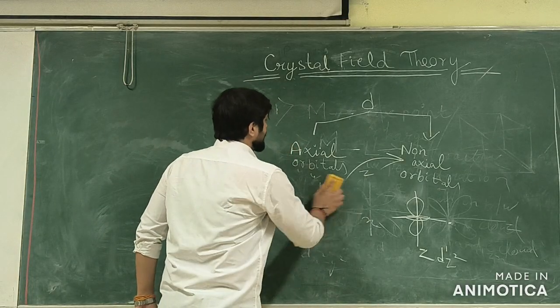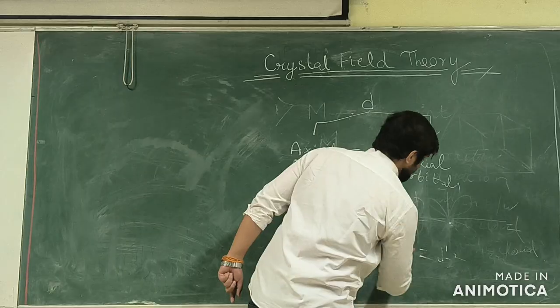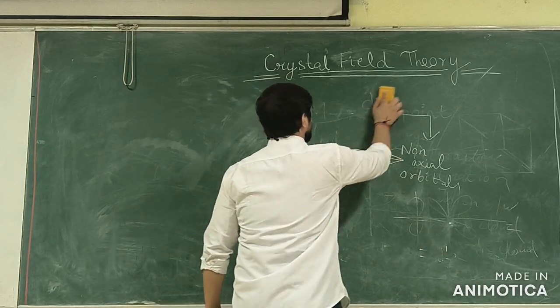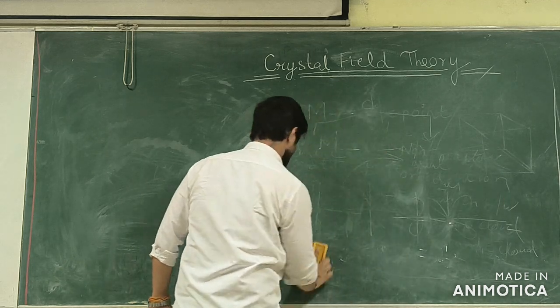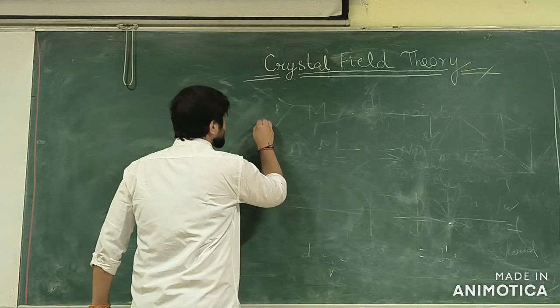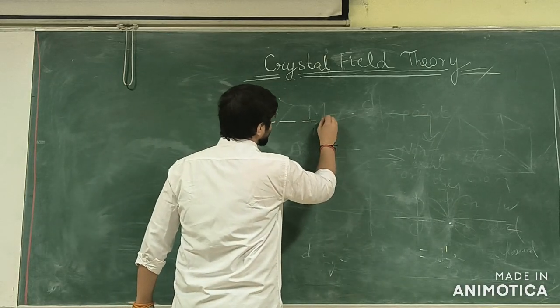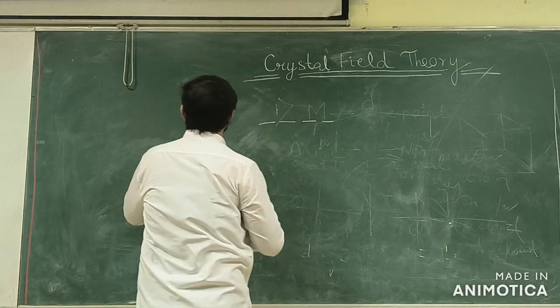Now, moving further in our theory, let's take five degenerate d orbitals: 1, 2, 3, 4, 5.